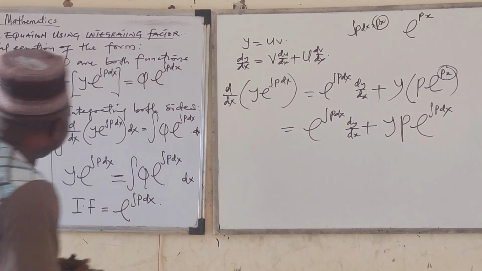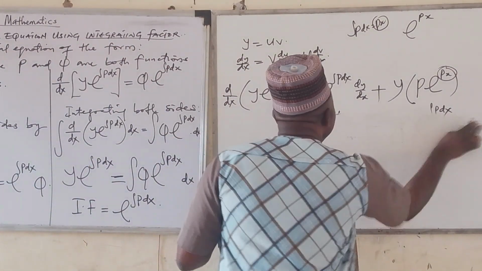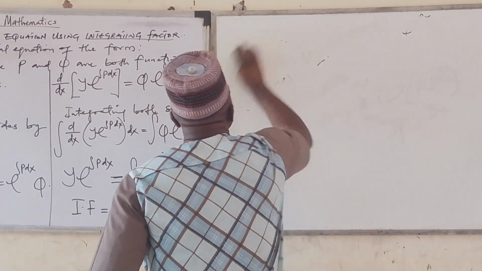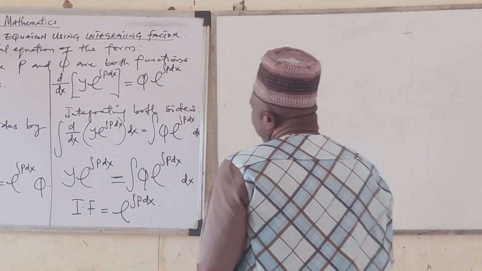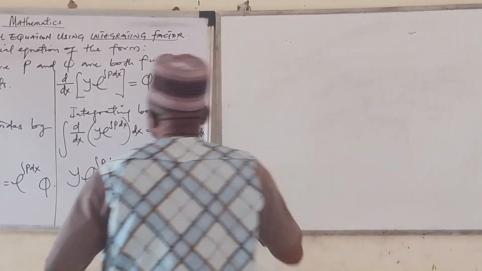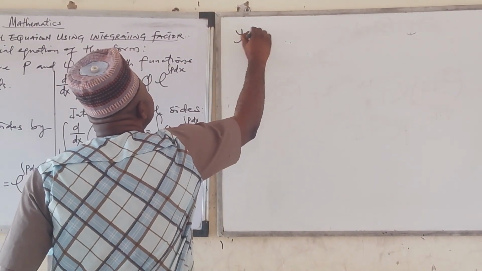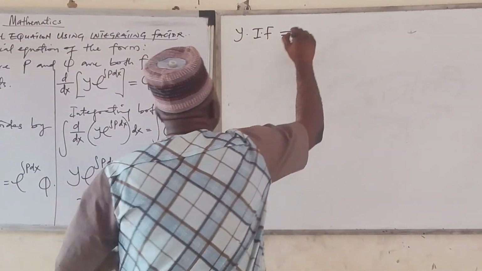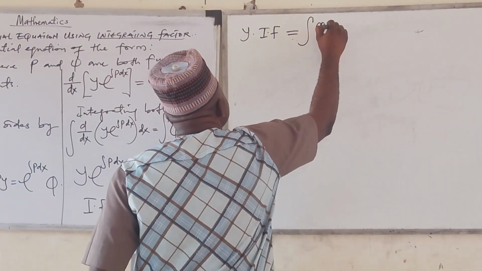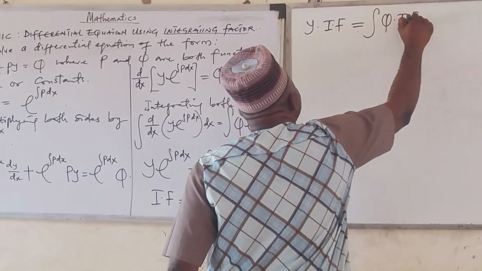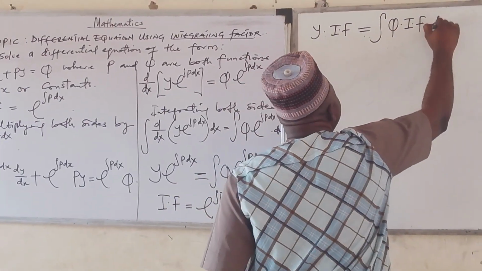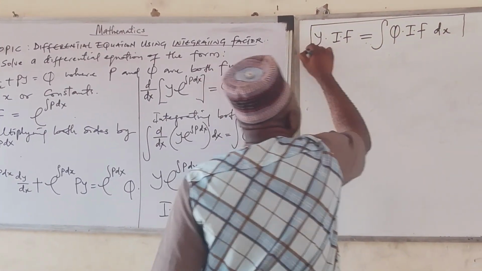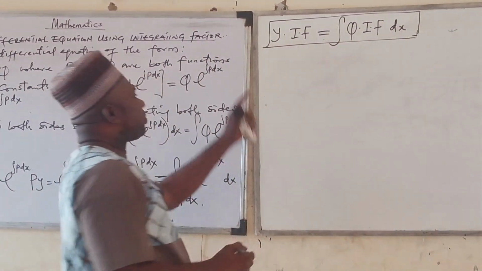So the whole of the function on the left-hand side will be y times the integrating factor, equal to the integral of Q times the integrating factor dx. Now this is the equation, and this is how to express it.